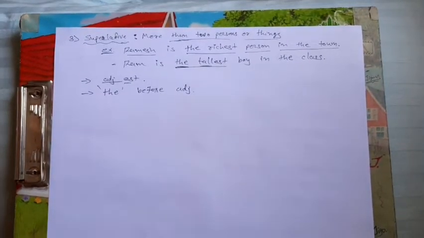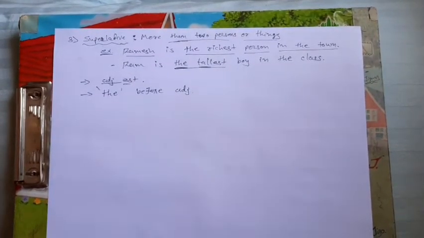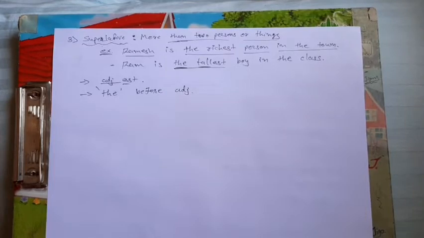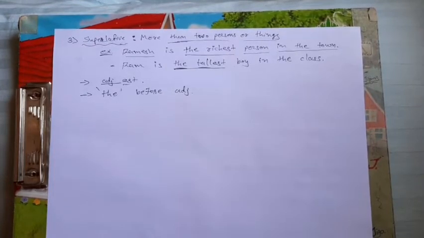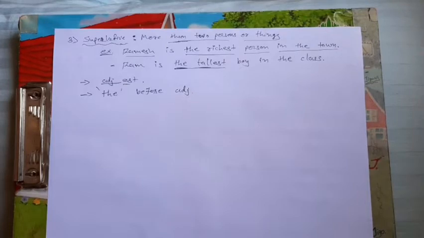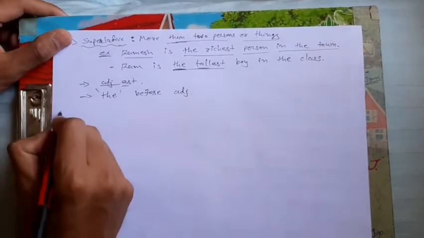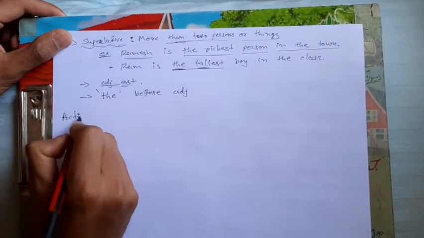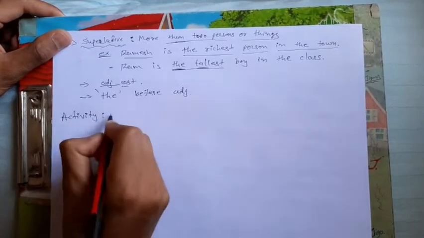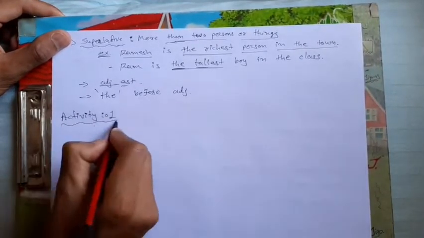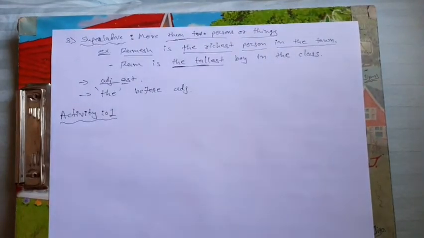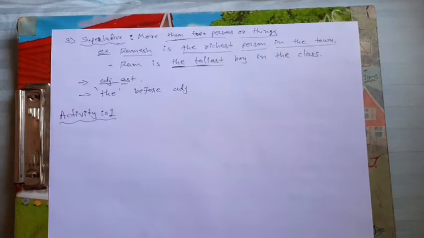Here we have discussed a brief introduction of degrees of comparison to begin Unit 2, Learn More, Be Brighter. In detail we already learned it in the 7th standard. It is just a brief introduction. Now we will see activity number 1. In activity number 1 we have a poem. First we will see a short video of the poem, then we will explain that poem.